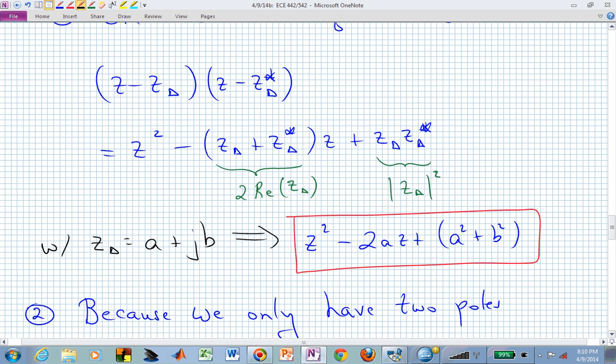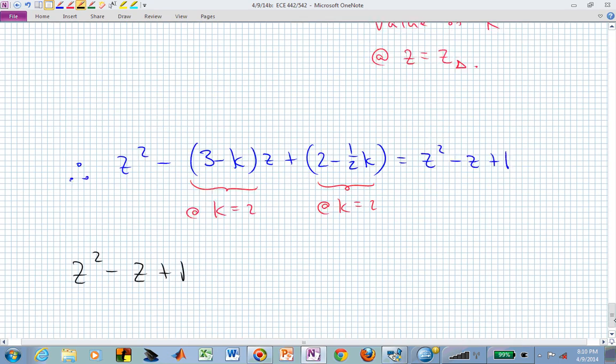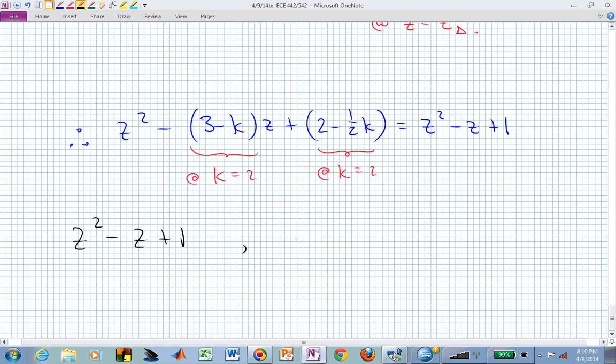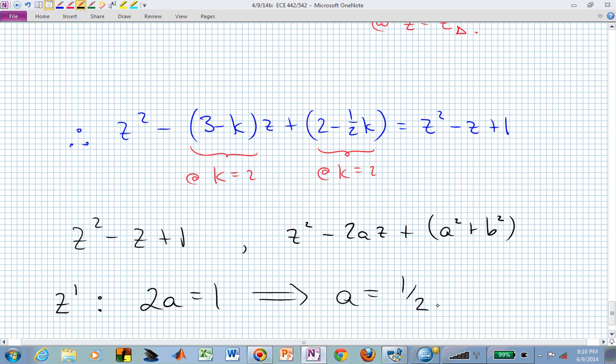and this first equation allows us now to solve for a and b. If we compare this with z squared minus 2az plus a squared plus b squared, comparing the z to the 1 coefficients, we can now say that 2a is actually just equal to 1, or a is equal to 1/2.